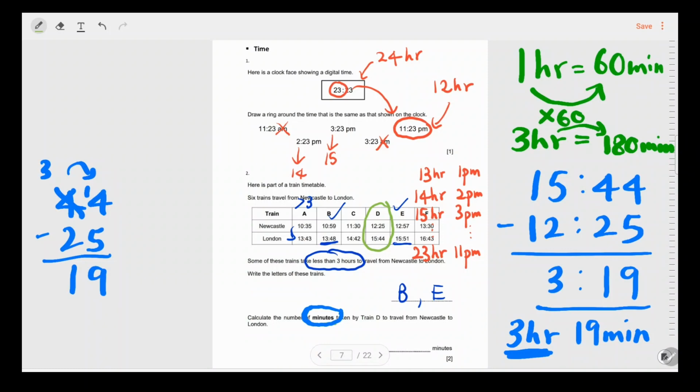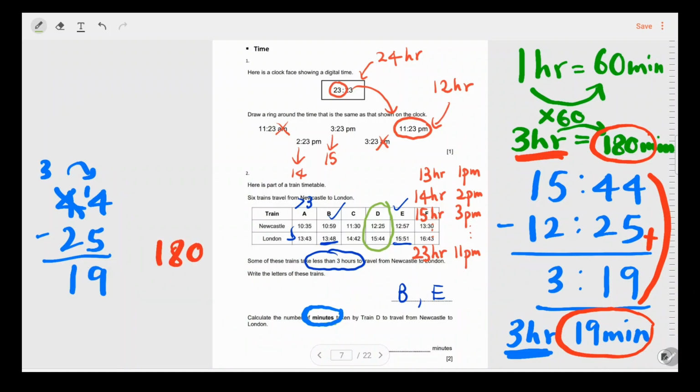Don't forget that we need to add the minutes of the 3 hours to the 19 minutes that we have over here. And once we add these two, we have our answer. So 180 minutes from the 3 hours and 19 minutes from the minutes will add up to 199 minutes. So this is our answer.